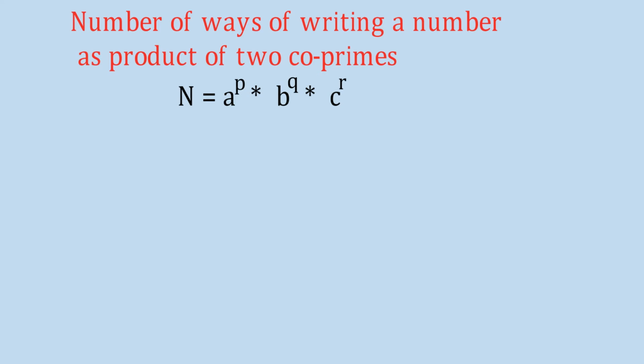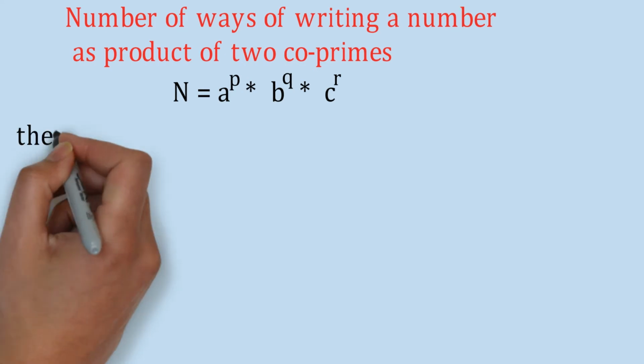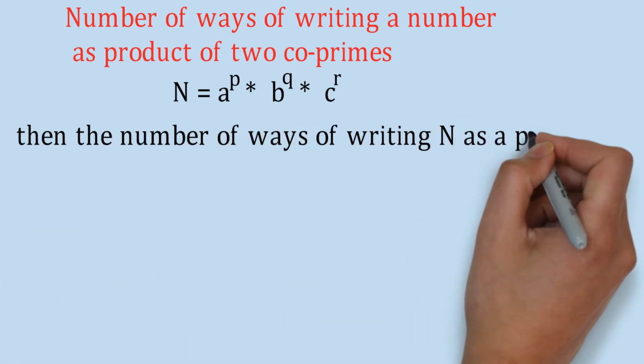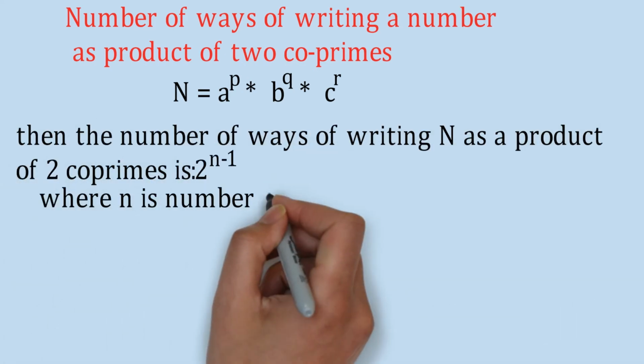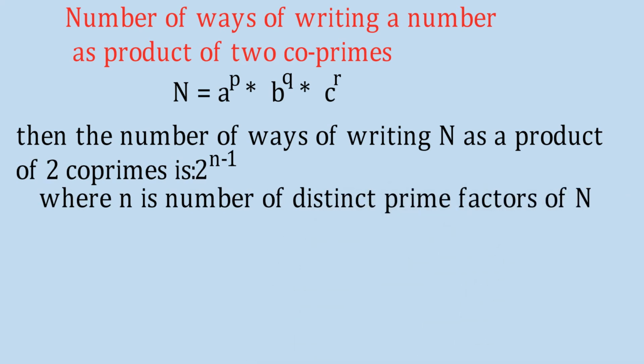Then the number of ways of writing N as a product of two coprimes is 2 raised to the power n minus 1, where small n is the number of distinct prime factors of capital N.